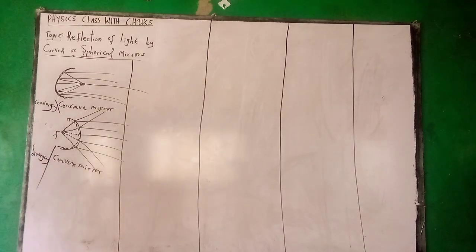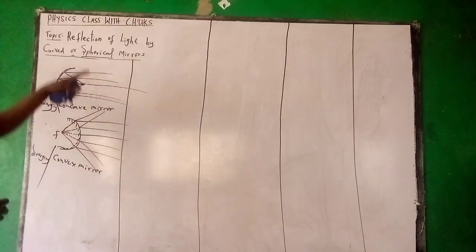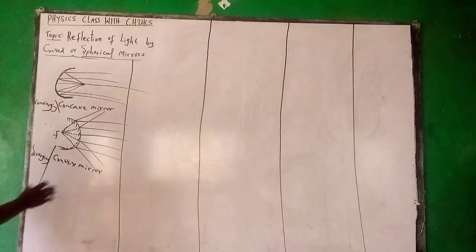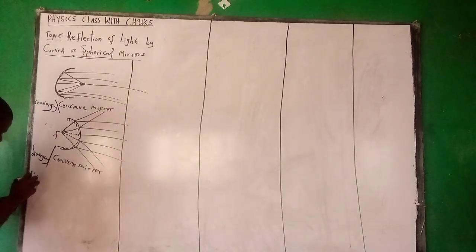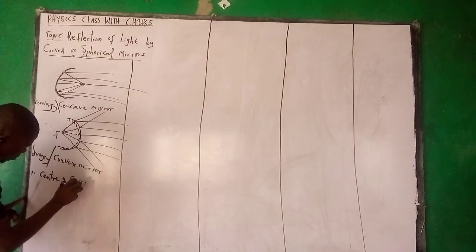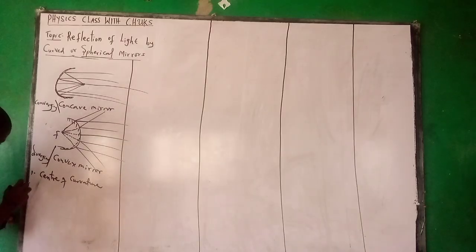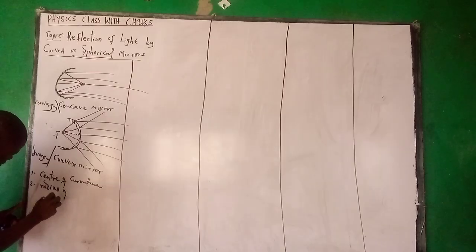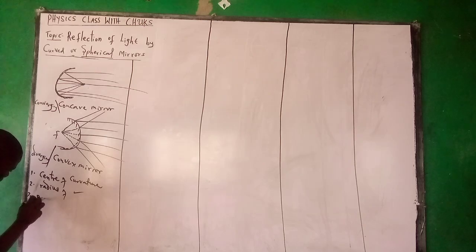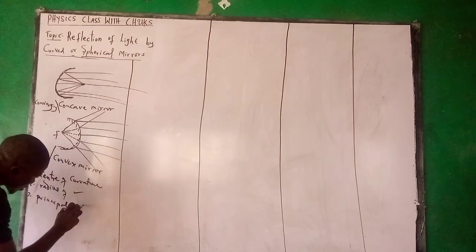So we have two types of curved mirror, concave mirror and convex mirror. At this point, you have to know some of the words that you should master for this topic. One, center of curvature. Two, the meaning of radius of curvature. Three, principal axis.